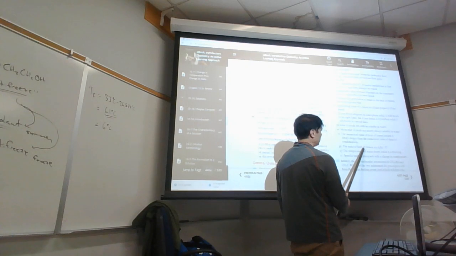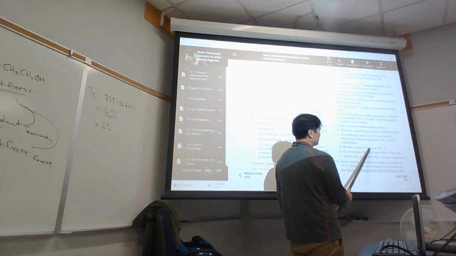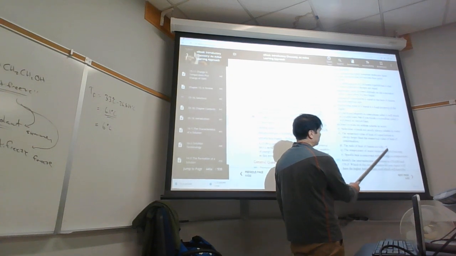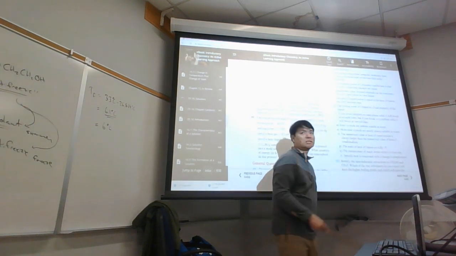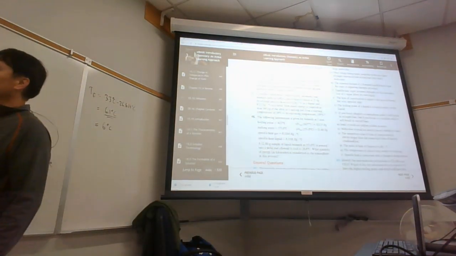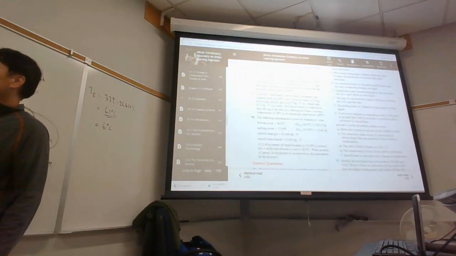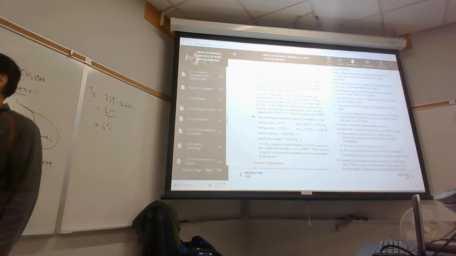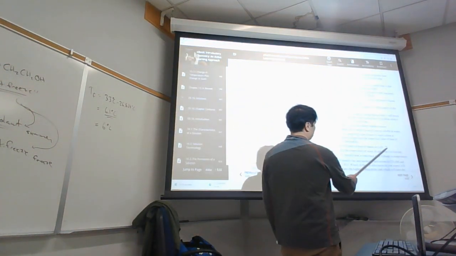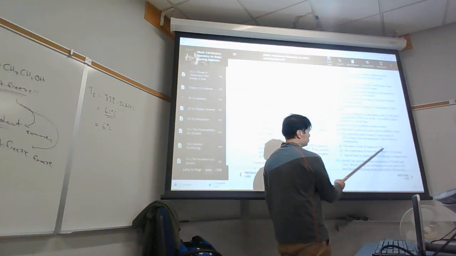When we melt ice, the temperature stays at 0 degrees C, and we end up with liquid water at 0 degrees C. So whenever there's a change in phase, the temperature never changes. Here, there's no delta T. When we vaporize water, the temperature stays the same. When we melt ice, the temperature stays the same. And so there is no degree C part to it. This is going to be kilojoules or joules per gram.